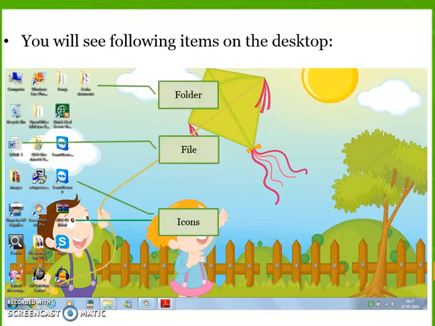Then there is a folder. In the folder there are a lot of files, a lot of folders, and a lot more information. So these are called folders. Then this is the taskbar. What you are doing is seen on your taskbar.